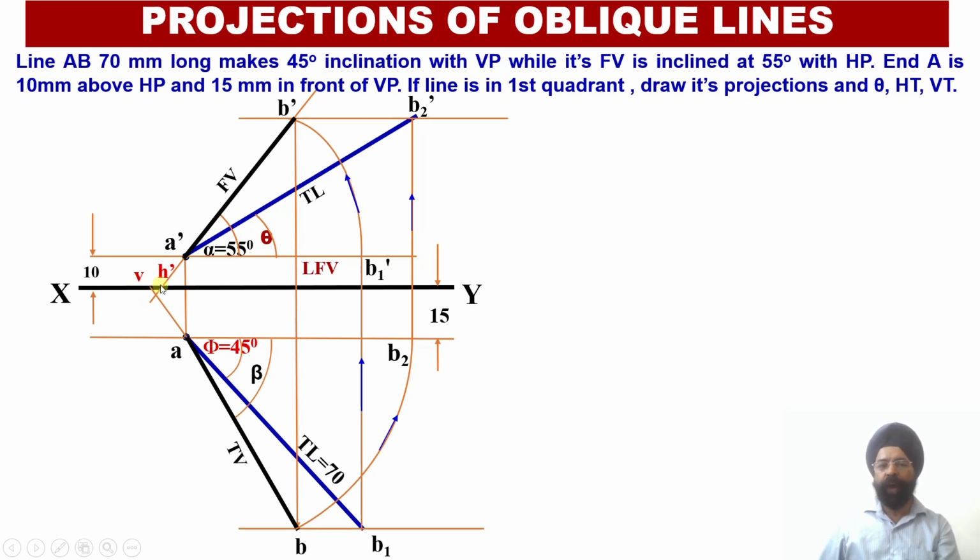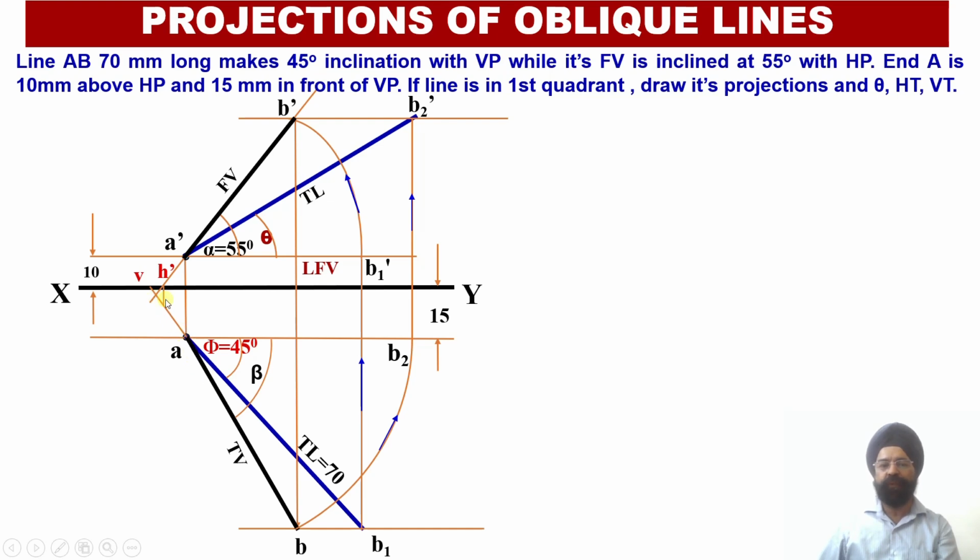Now from point H dash and from point V, I will be drawing vertical projectors. Whenever we obtain this point H dash, from here I am going to draw a vertical projector and extend it till it intersects the extension of the plan projection line.